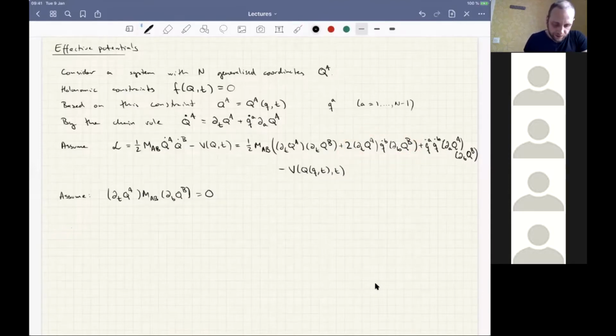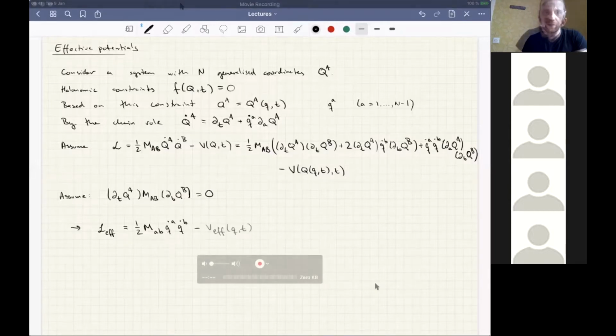And in that case, our effective Lagrangian is going to be of the following form. So we're going to have 1/2 M_AB q dot^a q dot^b. There we are.